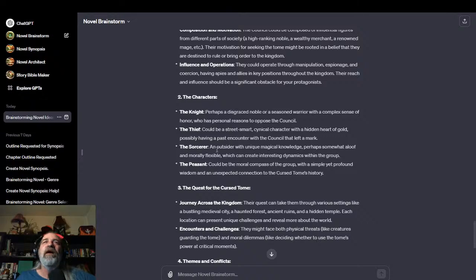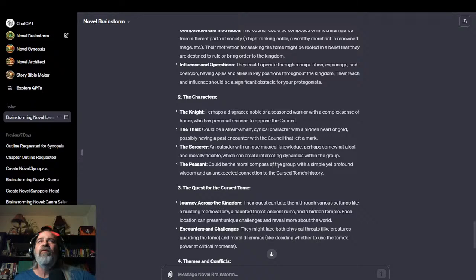They feel like they're really good at doing stuff, but maybe they came from a lesser background and have been looked down on by the more upper class sorcerers or whatever. Something that gives them an axe to grind against this council or whatever other parts of society.